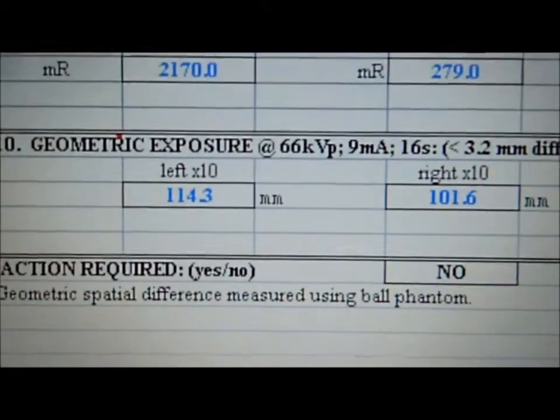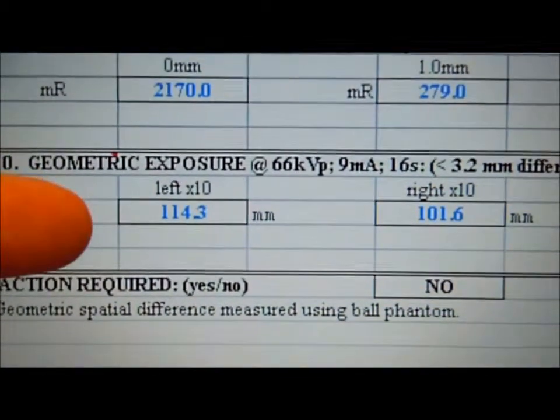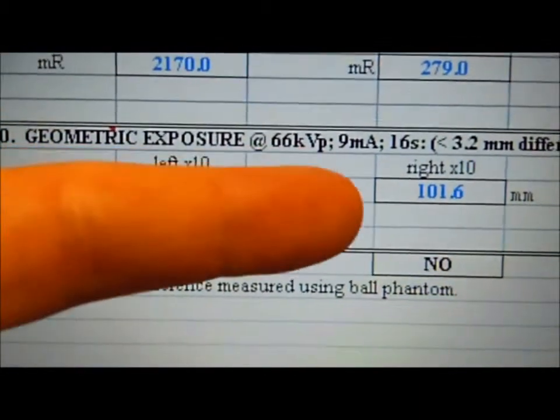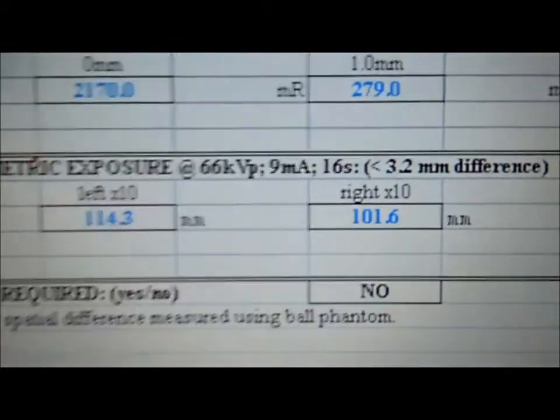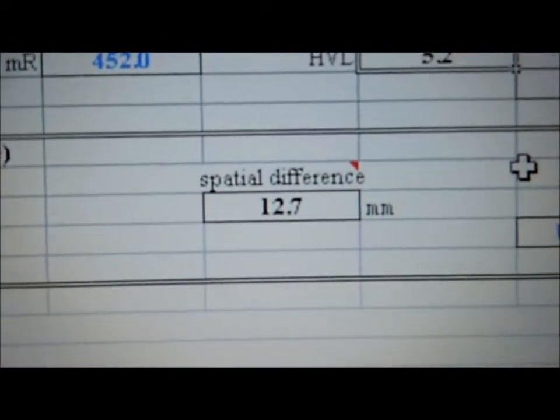Once we have the ball phantom set up, we take a shot and we measure from the far left to the 10th ball, and then we move from the right and measure the 10th ball and take the difference of the two, and it should be less than 3.2 millimeters.